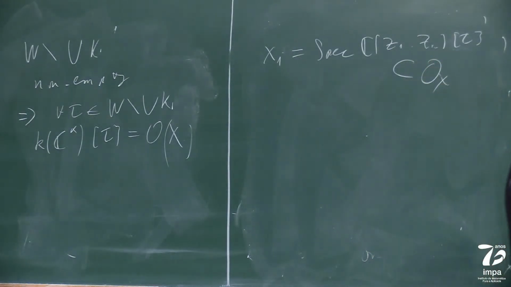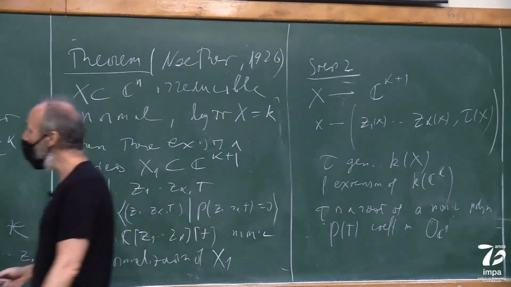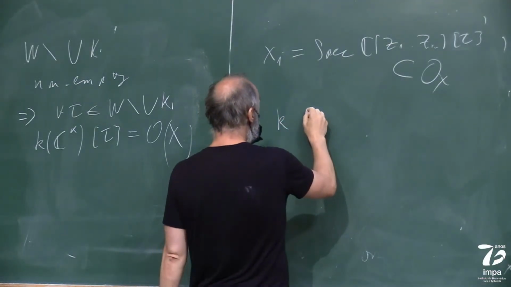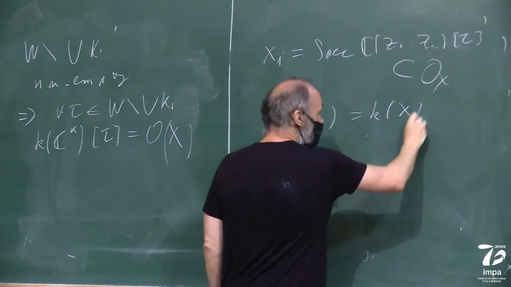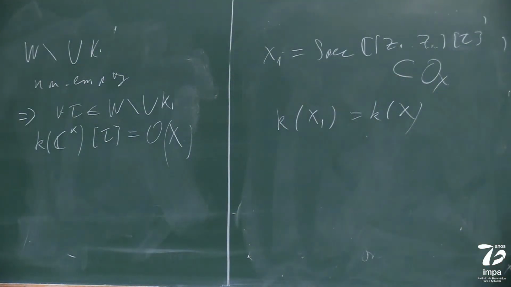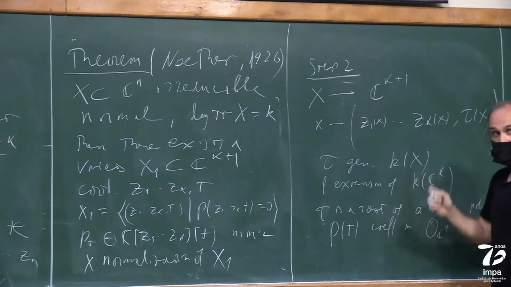So this is our x1. It has these properties. And then k of x1 is k of x. This is because tau is a primitive element, which generates the same field of fractions as x.